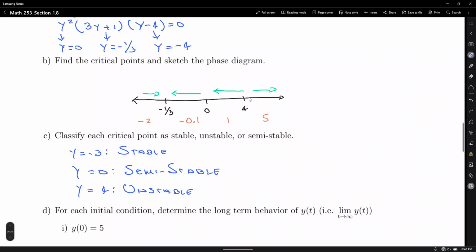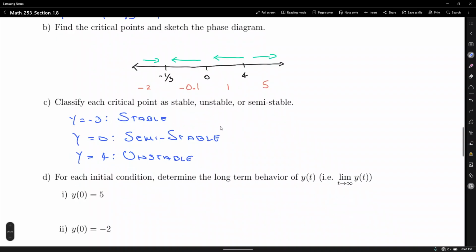All right. Well, so let's have a look at the last part of the problem. For each initial condition, determine the long-term behavior of some function y of t, that is the limit of the function as t approaches infinity, containing the initial condition y of 0 equals 5.